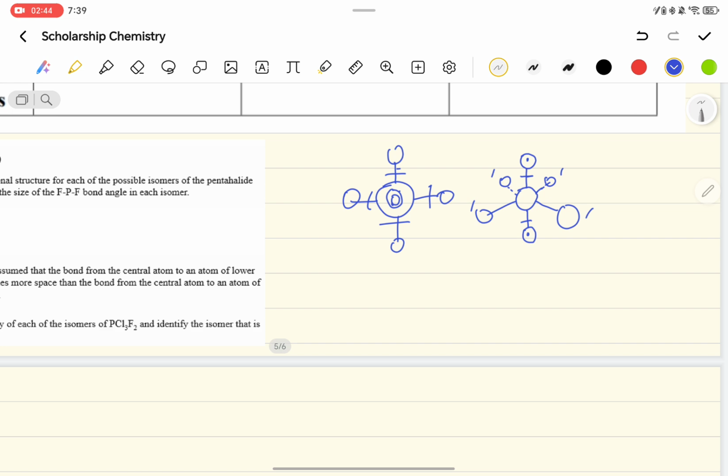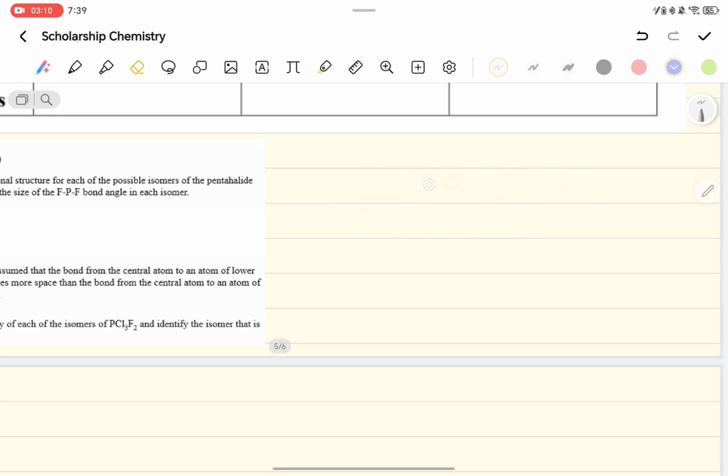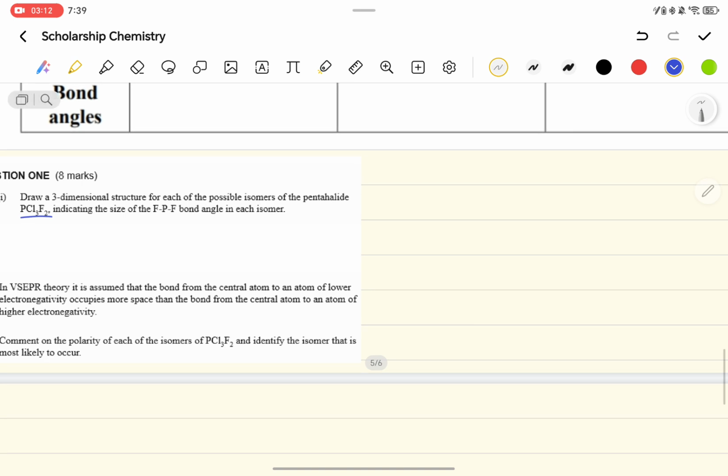So for any molecule, only two atoms can be in the axial position, one above and one below, and there can be 3, 4, or even 5, 6 atoms occupying the equatorial positions, which are the atoms going around it.